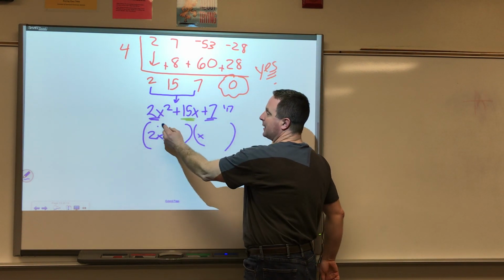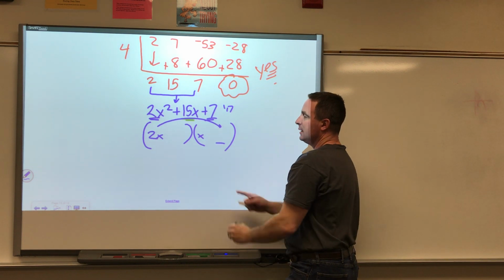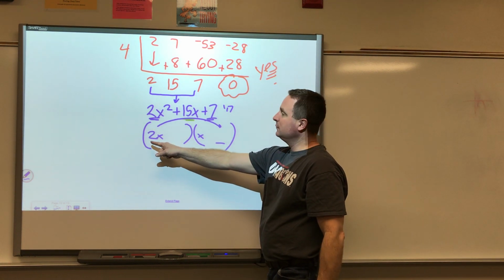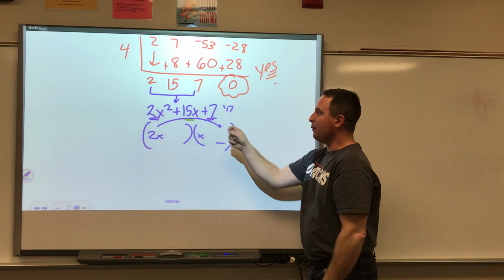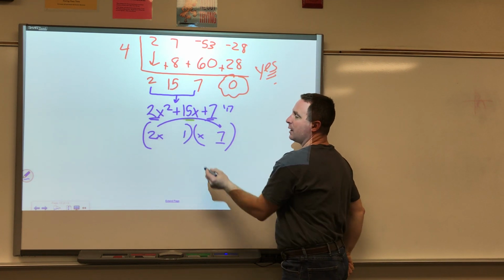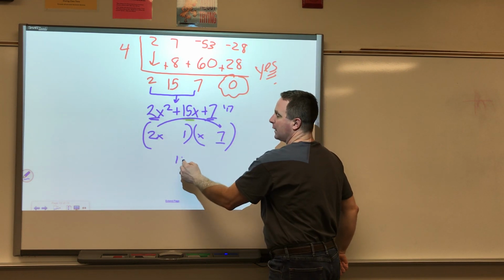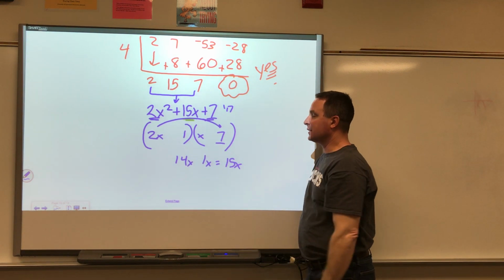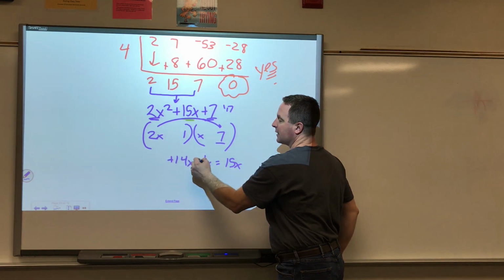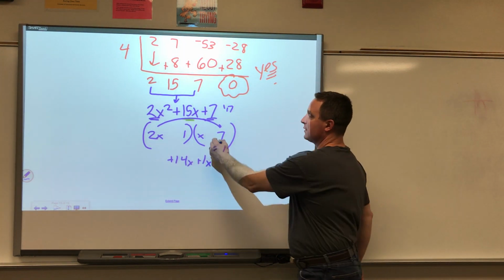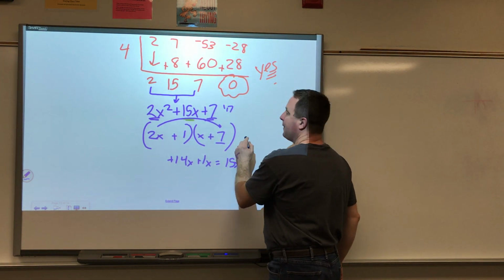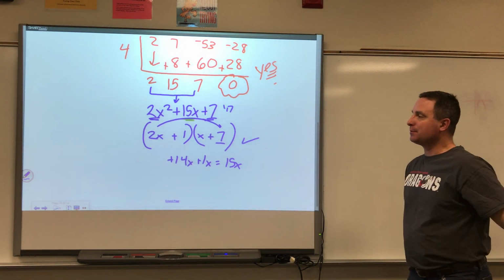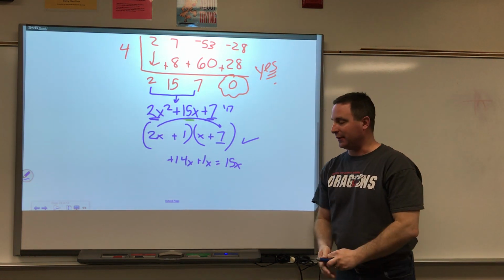Remember from factoring, whatever number goes back here is going to get multiplied by 2. I want the 7 to go back here and the 1 there, because I get 14x plus 1x when I FOIL, which is 15x. To get a positive 15, they're both positives. And there are my other two factors, 2x plus 1 and x plus 7.